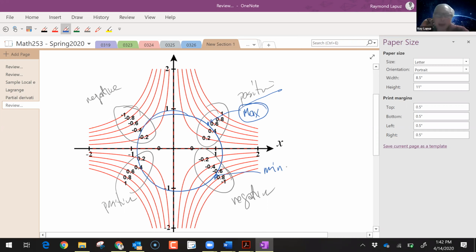So the place where the maximum and minimum happen depends on whether they're positive or negative, the height of the levels. So that might be the issue that you guys might be having. I'm hoping. If I'm correct, then that's the issue. If you guys are correct and I'm wrong, then I have to change the problem or give you credit for it appropriately, which is possible.